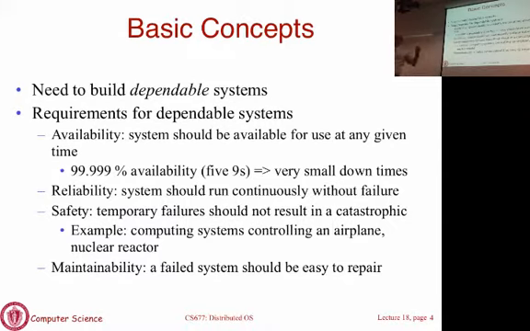Okay? So the first term is availability. Availability simply means that the system is available for the functions it's designed to perform at any given time. The way you determine availability is by computing the percentage of time it is available for use. Okay? So in distributed systems, you will hear 5 nines of availability, not reliability.